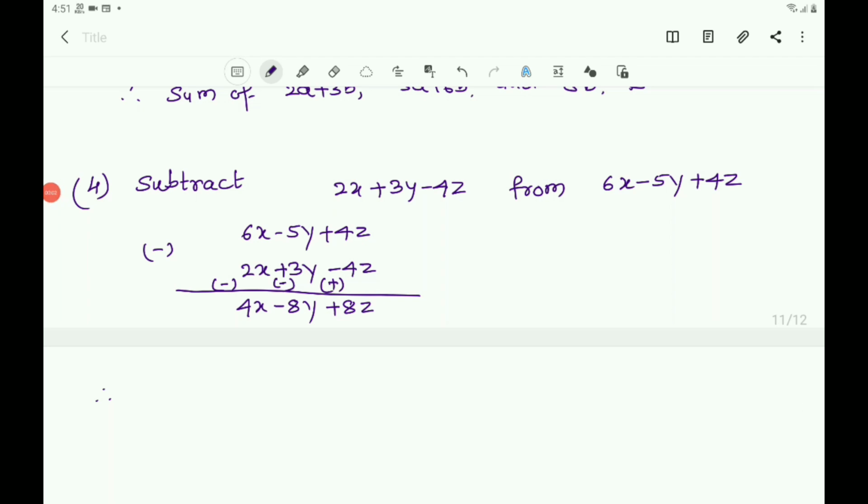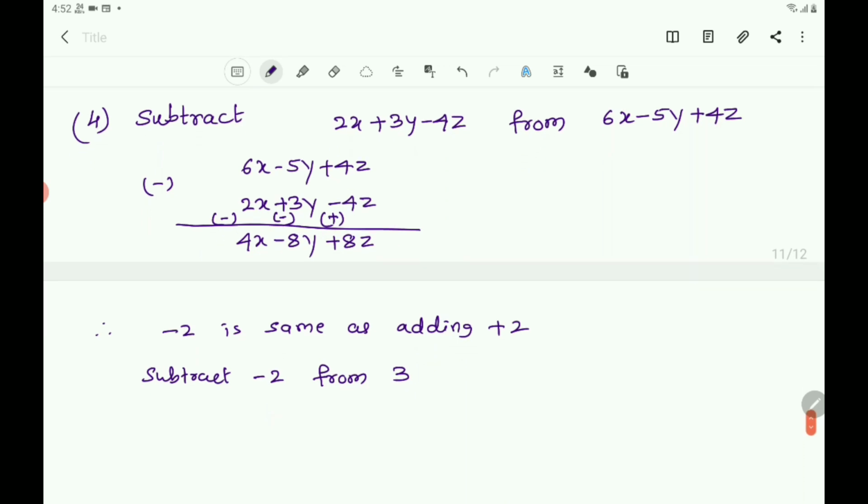Note that subtraction of a number is the same as addition of its additive inverse. Thus, subtracting minus 2 is the same as adding plus 2. For example, subtract minus 2 from 3.